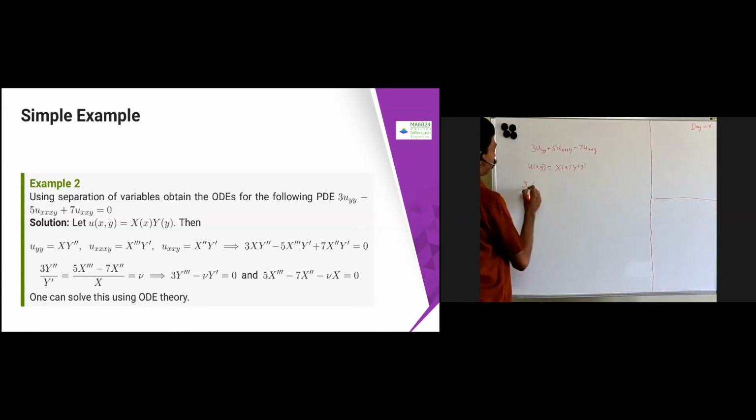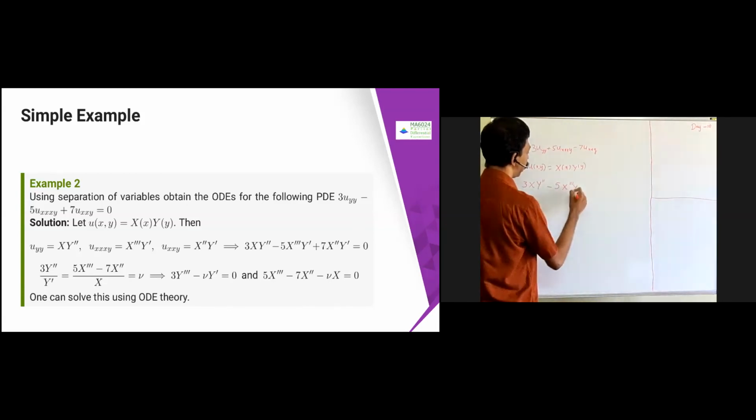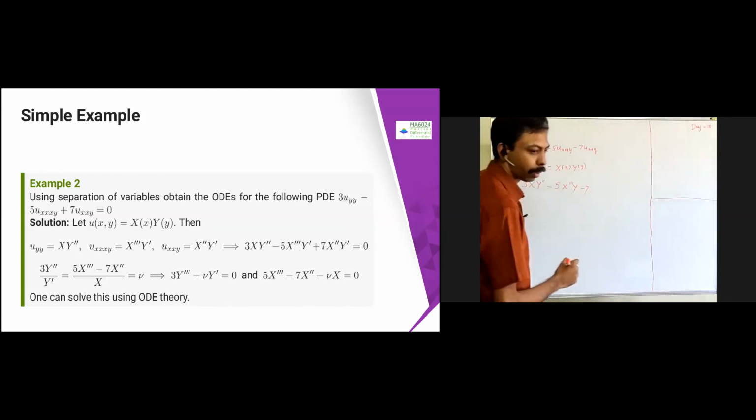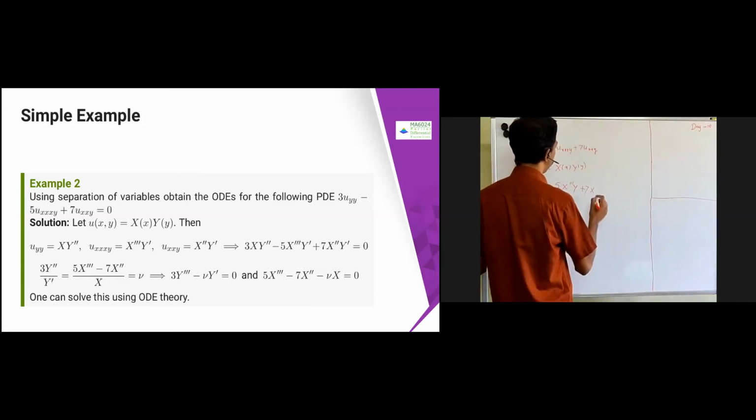I'm abusing the notation: double dash here denotes with respect to y. Minus 5 X triple dash into Y, minus 7, plus 7 X double dash into Y equal to 0.